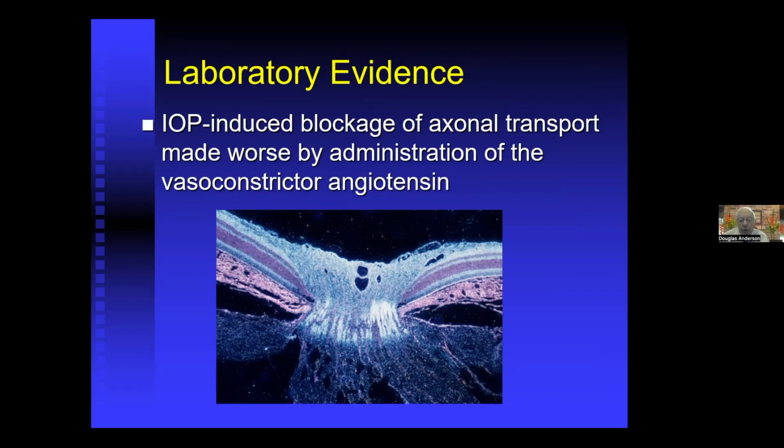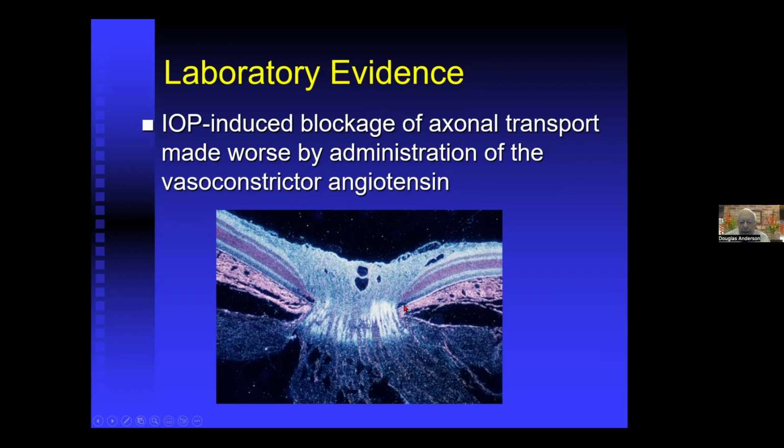But here we come back to our diagram, and this blockage. I indicated that the degree of blockage was dependent on how high the intraocular pressure is, but it turns out that if you give a vasoconstrictor, angiotensin, it makes it worse. Now, angiotensin can't enter nervous tissue, the brain or anything else, because of the blood-brain barrier. So it doesn't enter into the retina or anywhere along the optic nerve or inside the brain, except where there's a defect in the blood-brain barrier.